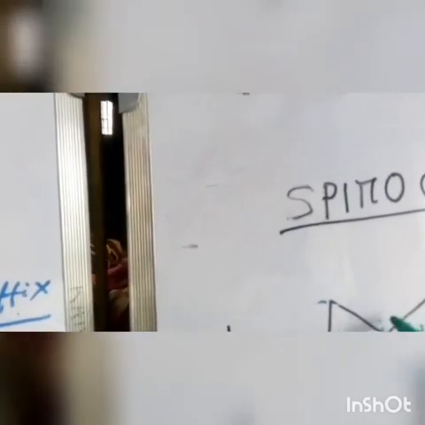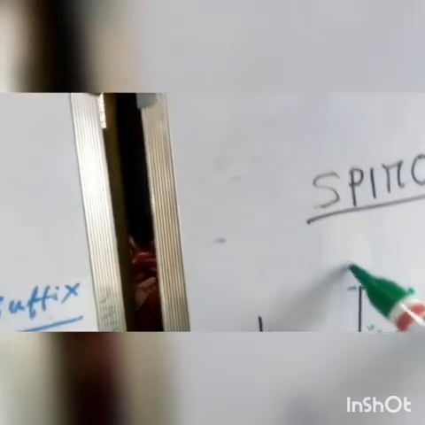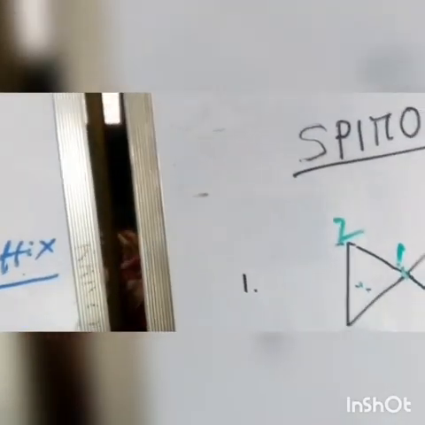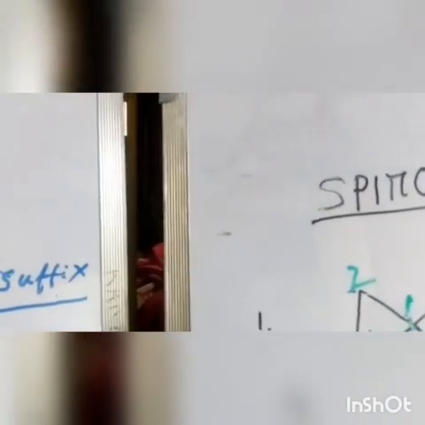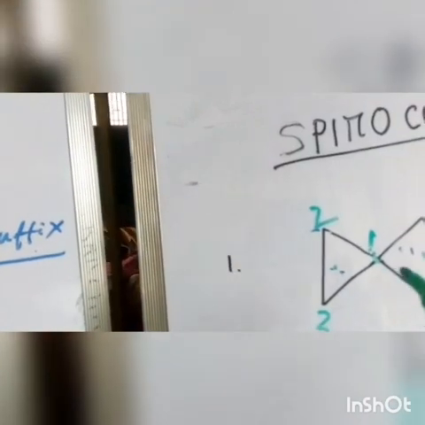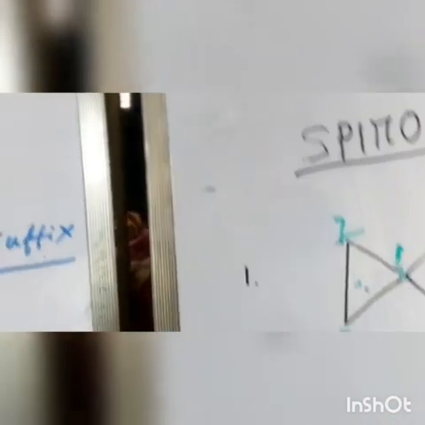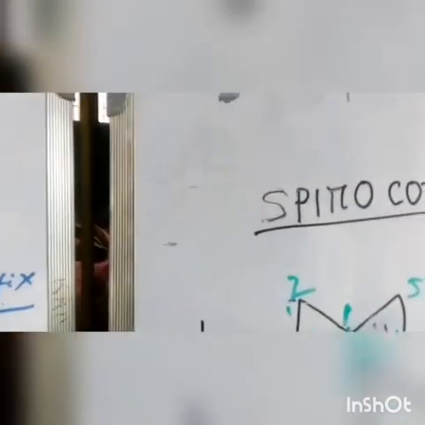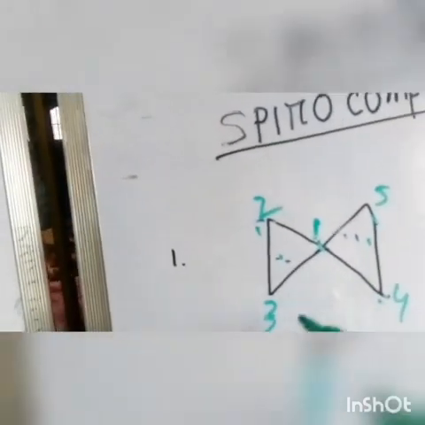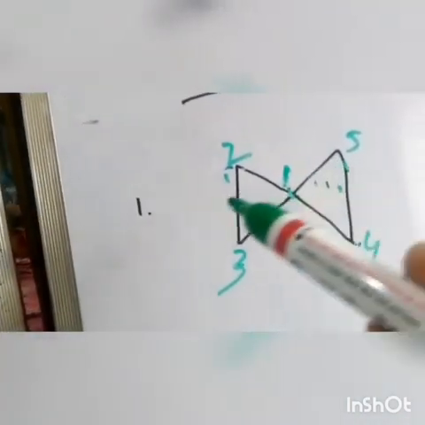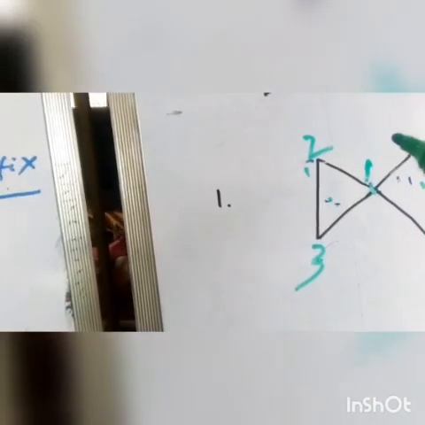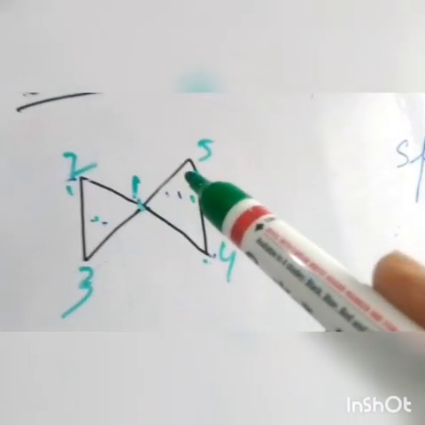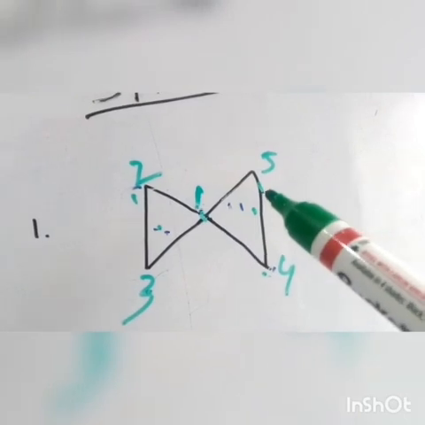So its nomenclature: 1, 2, 3, 4, 5. Spiro within brackets 2 2, pentane: methane, ethane, propane, butane, pentane. Spiro 2 2 pentane.